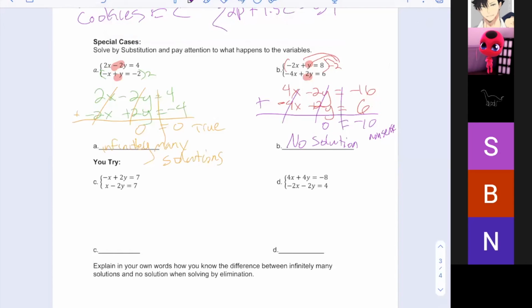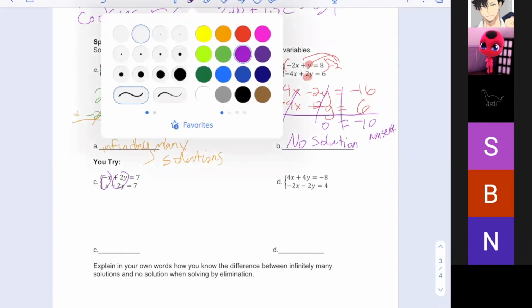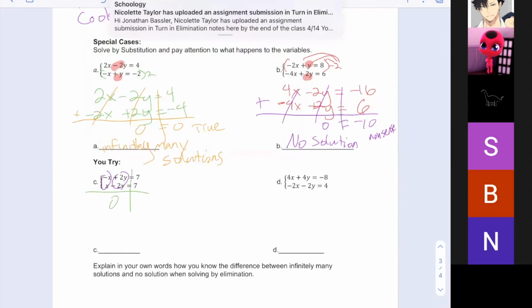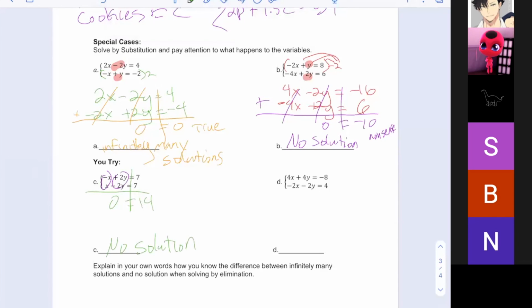If you notice, we already have opposites here, so we just go ahead and eliminate them. This whole left side becomes 0, the right-hand side becomes 14, and this tells me it's no solution. For D, they're almost there, 4 and 2, 4 and 2. If I multiply this bottom by positive 2, then I can create opposites.